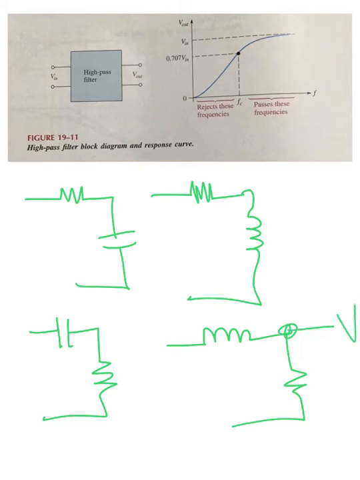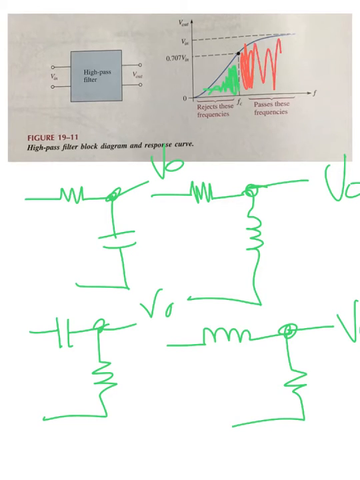The output is always taken in the downward component, and what we get is a frequency response curve that looks kind of like the opposite of a low pass, where the stuff in green is rejected, the stuff in red passes freely. The further you get in frequency, the more that it passes.